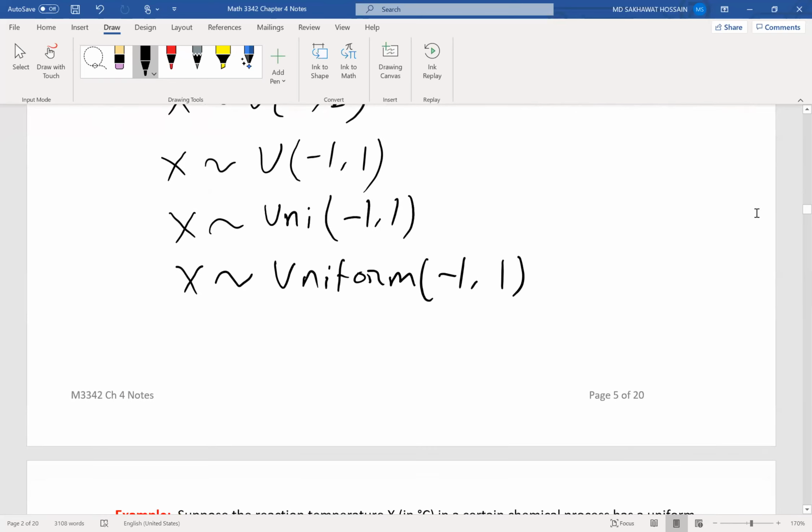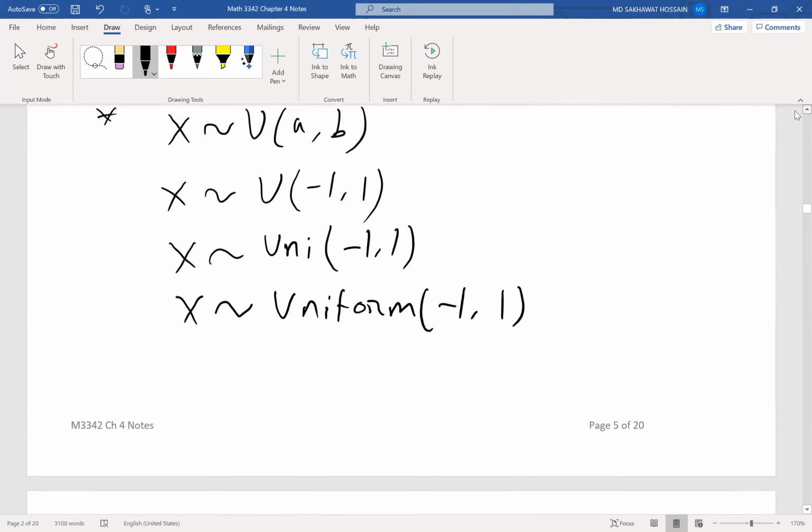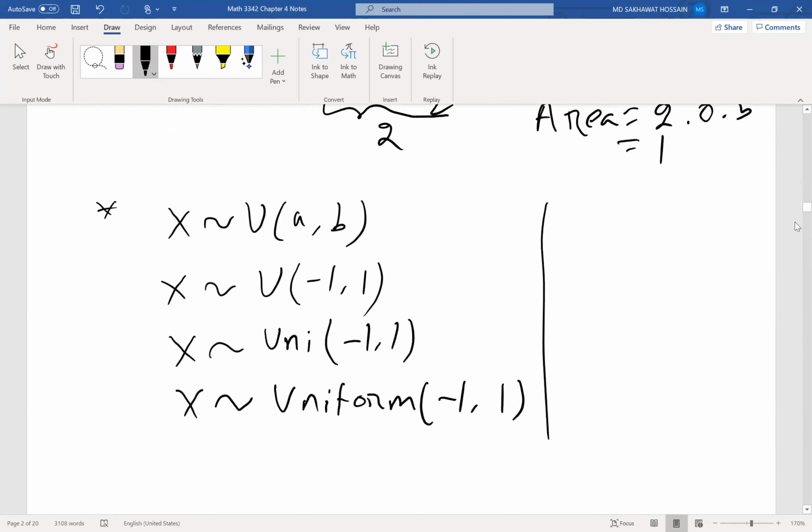So if we are given that X is a random variable and it is distributed from -1 to 1, what will be the density function in this case? So what is the density function? Anyone?